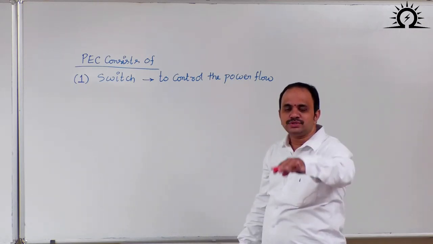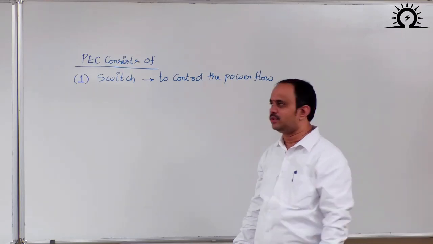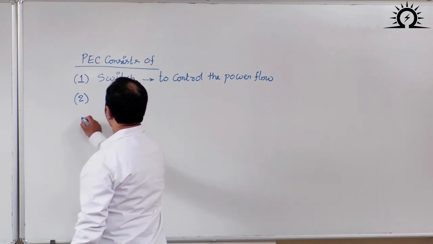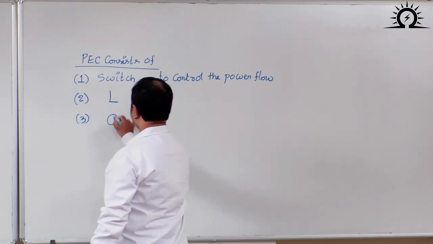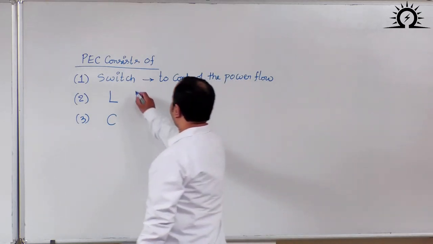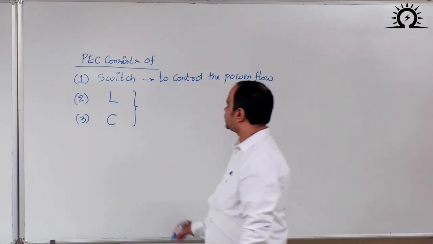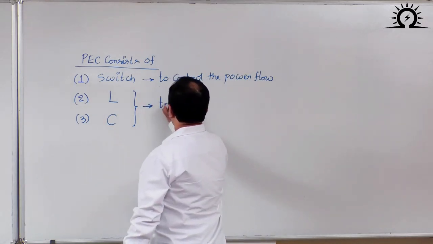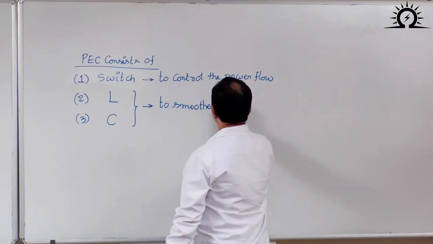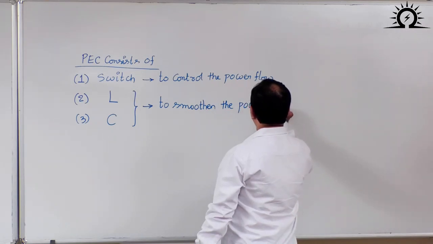In order to reduce those ripple components or to smoothen out the power flow, the basic components are inductor and capacitor, energy storage elements. So the basic purpose of L and C in power electronic circuits is to smoothen the power flow.